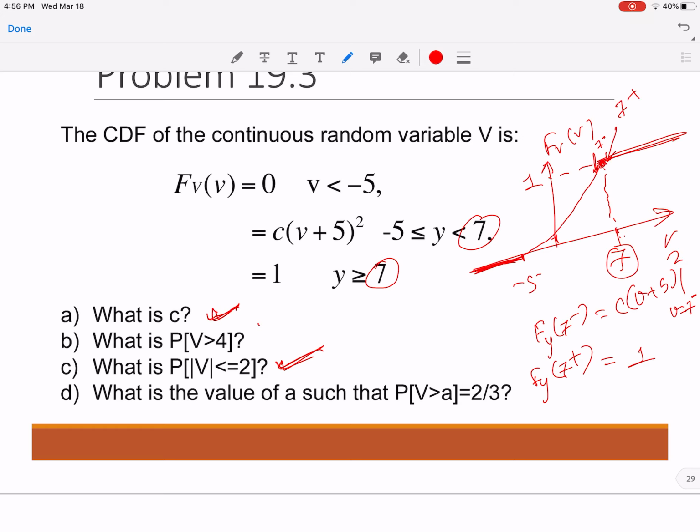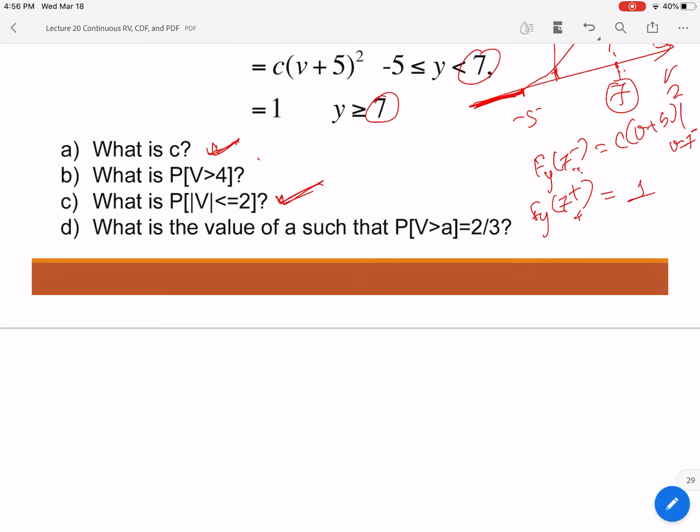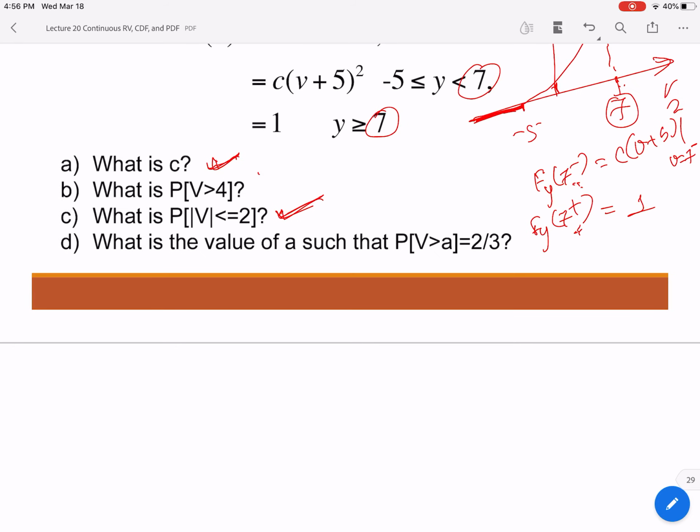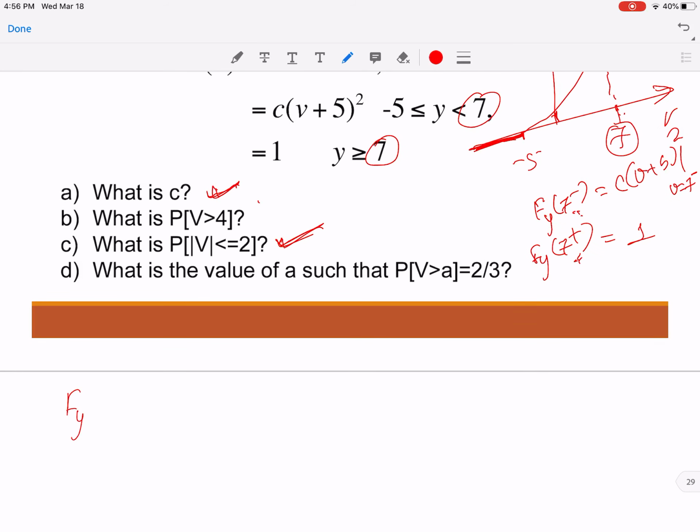Because it's a continuous CDF, both of these values will be equal to each other, meaning that F of y at 7 minus is equal to F of y at 7 plus, since the CDF is continuous.